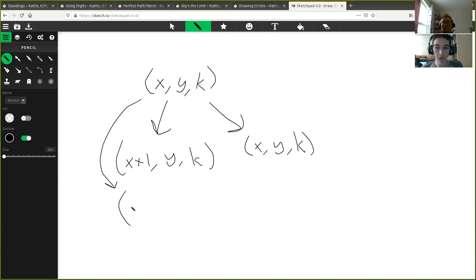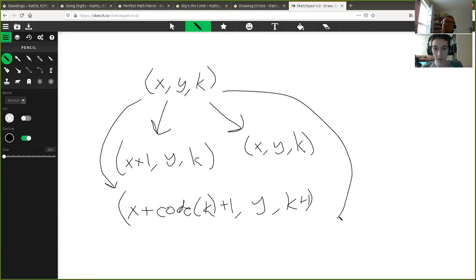So we can use the kth digit of the code, so it would be code of k. So we jump over that many cells and then we move by 1. And then we already used the kth one, so we have to advance to the k plus first one. And then similarly, there's this edge here.